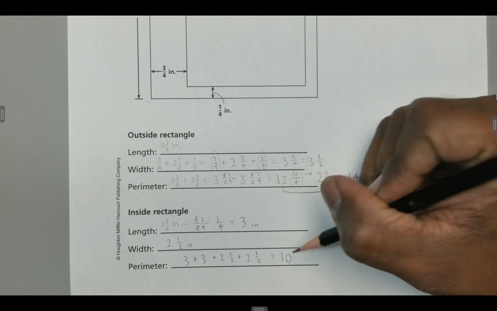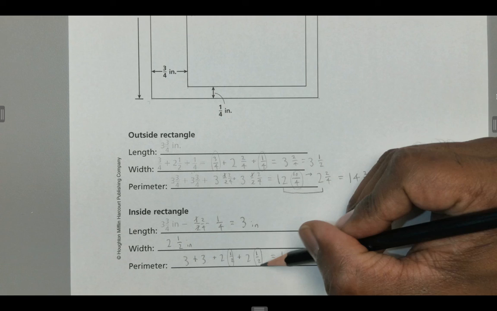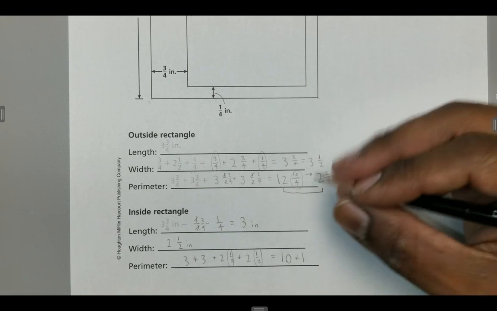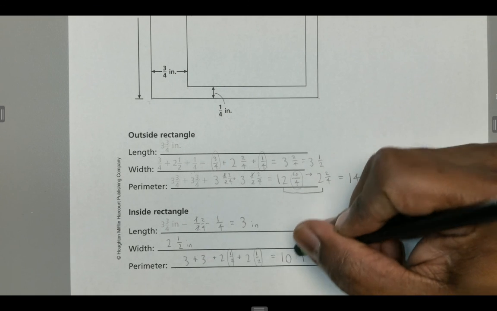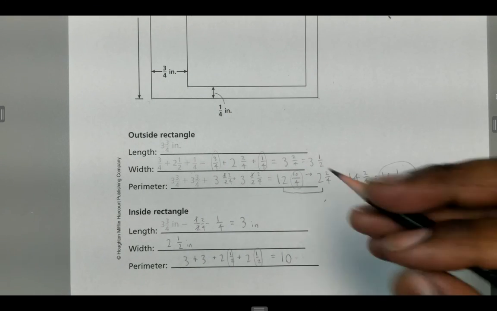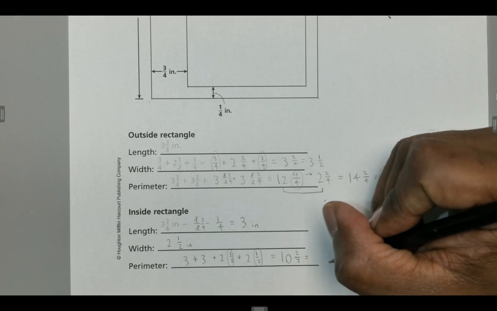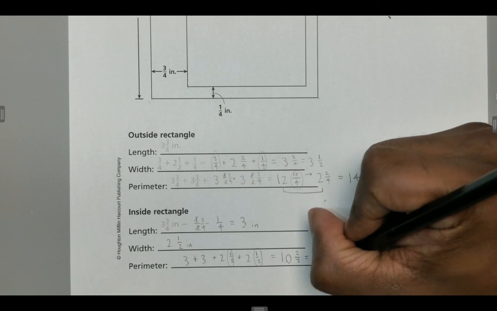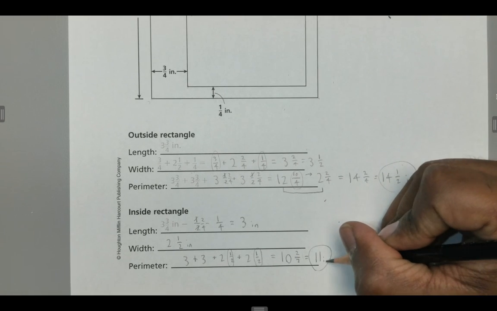Our fractions, a half plus a half is a whole. 2/2 are a whole. Maybe I'll write it that way. Yeah, that's what erasers are for, right? 10 and 2/2. Show that as 11 inches.